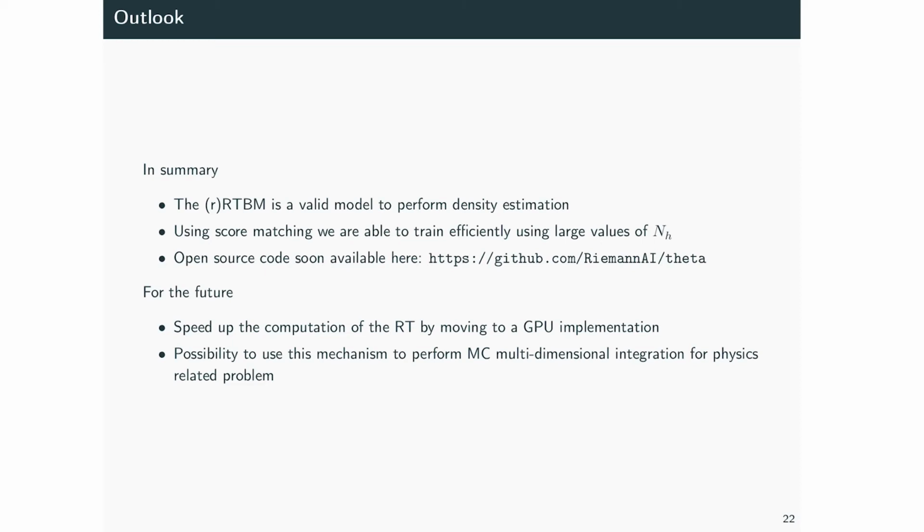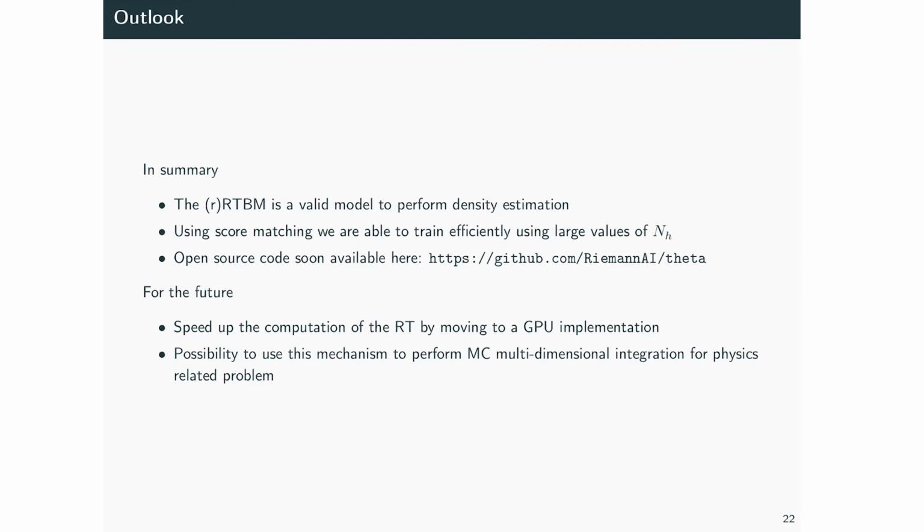And finally, I would also like to put an accent on score matching, which is actually a very underrated cost function, which in our case was pretty useful because it makes us able to train models efficiently using large numbers of hidden nodes. Everything is open source and will soon be available here.